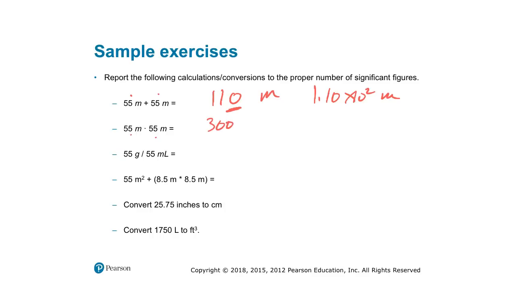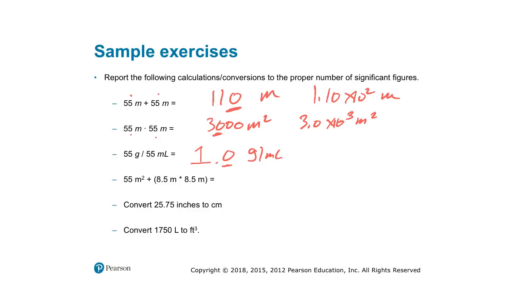So 3,000 square meters. You can use an underline in your notes, but if you want to express this more precisely in a lab report, it would be 3.0 times 10 to the 3 square meters. 55 grams divided by 55 milliliters says 1 on your calculator, but we have to pick up a decimal place, 1.0 gram per milliliter, because 2 sig figs divided by 2 sig figs is good to 2 significant figures.